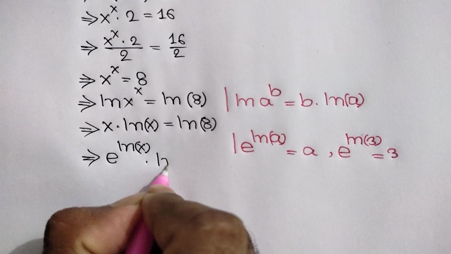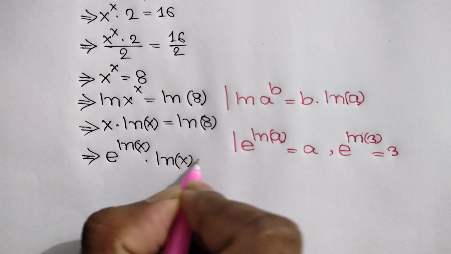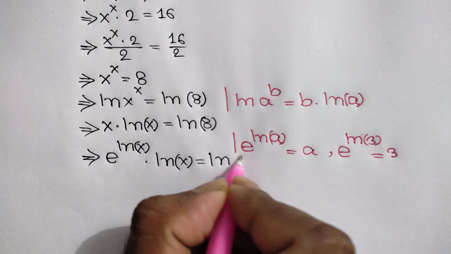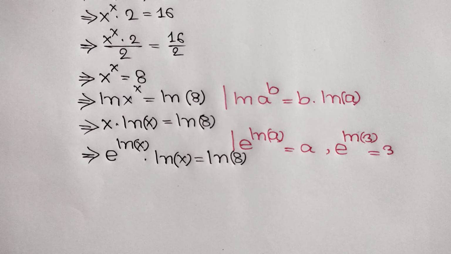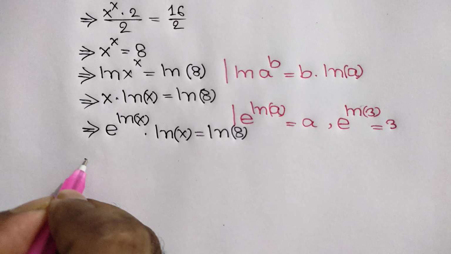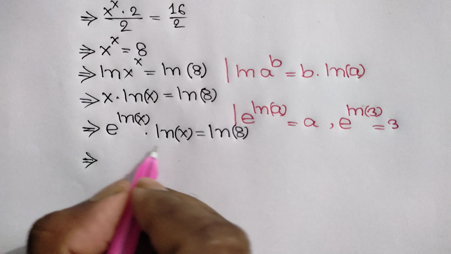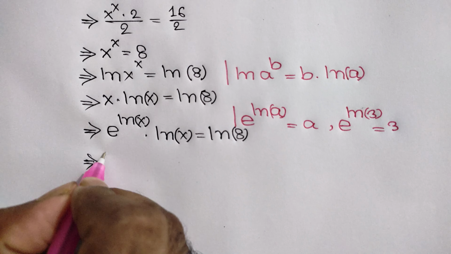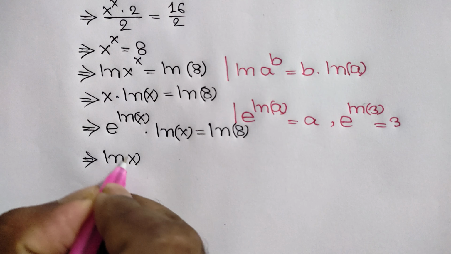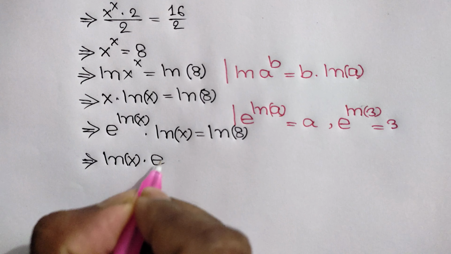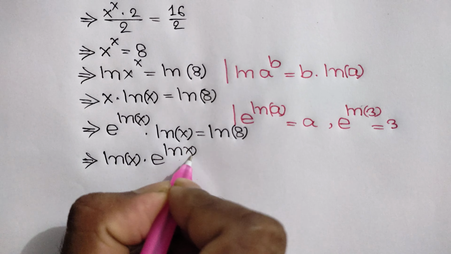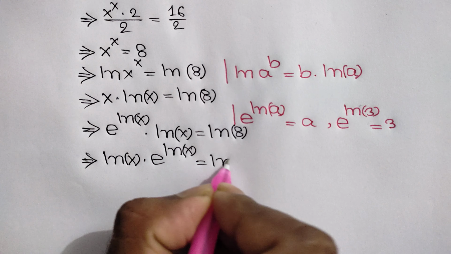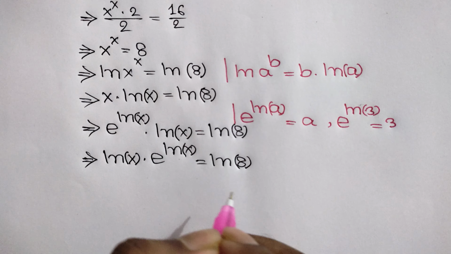Then x times ln of x is equal to ln of 8. Now rearranging the left side, we can write here ln of x times e to the power ln of x is equal to ln of 8.